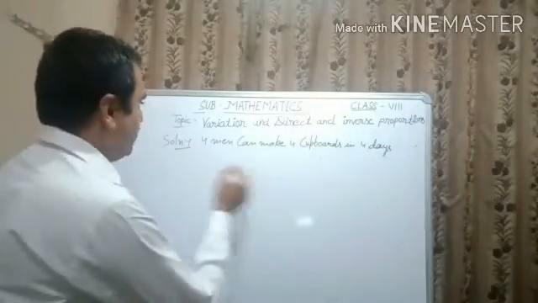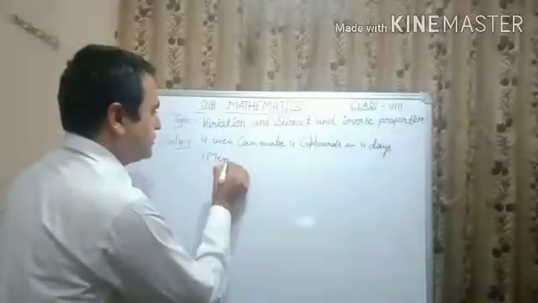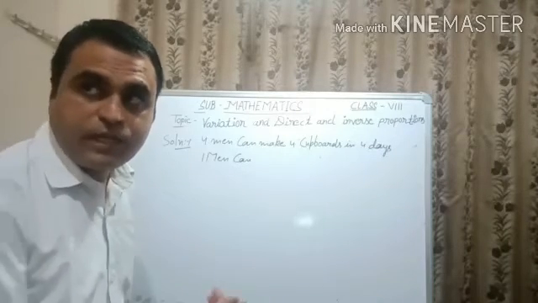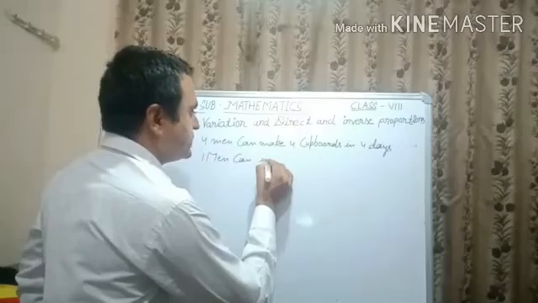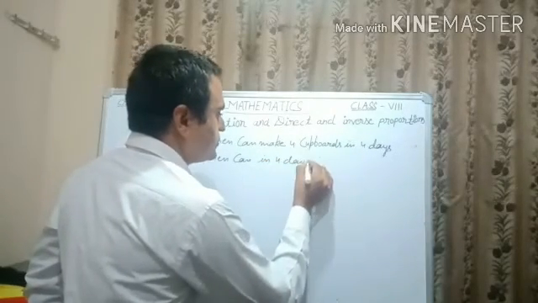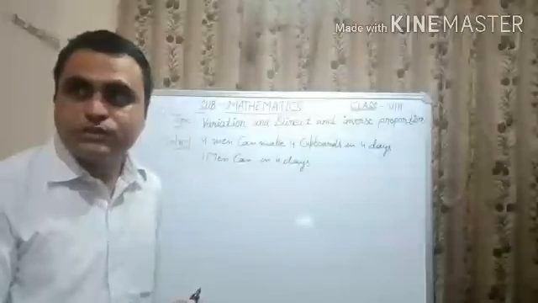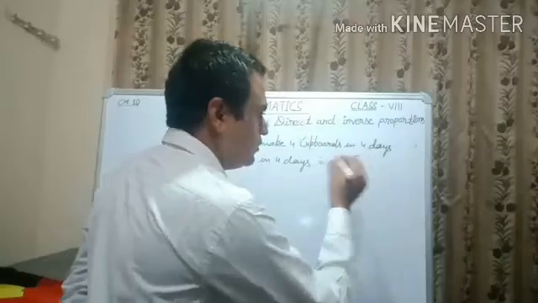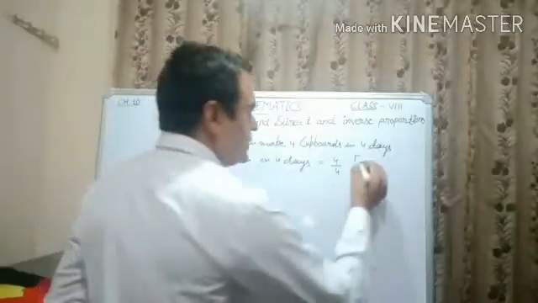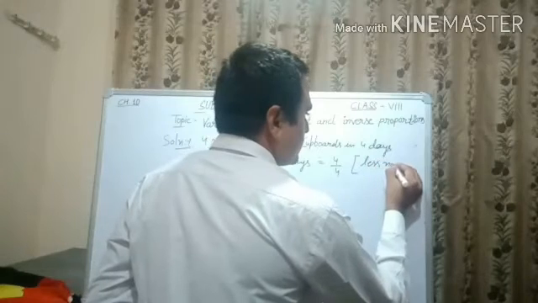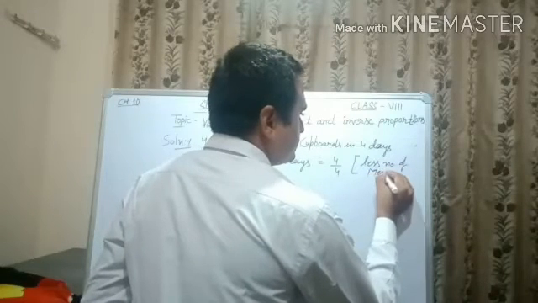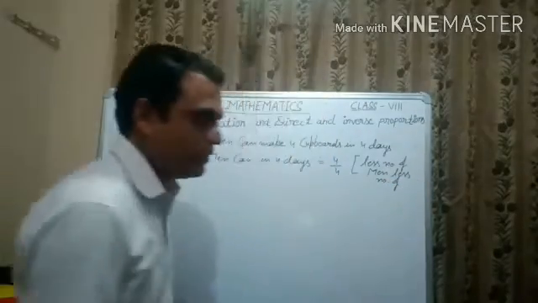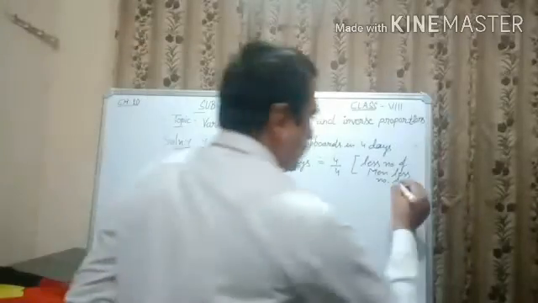Now if I take one man, then one man in 4 days makes 4 upon 4 cupboards. Now in the bracket we write: less number of men, less number of cupboards.